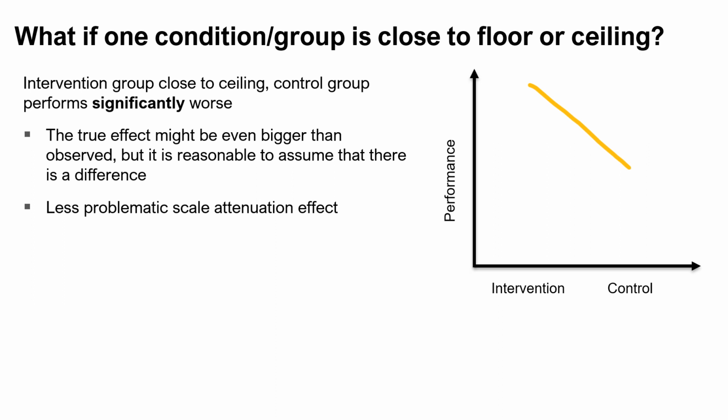So this is an example of a less problematic scale attenuation effect, because we can still get some information about this key comparison between the two different groups.